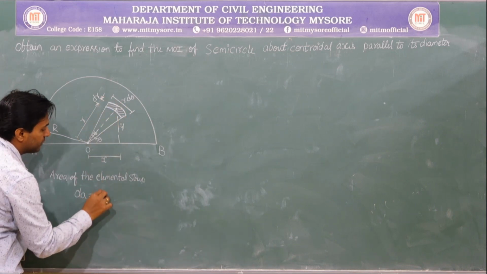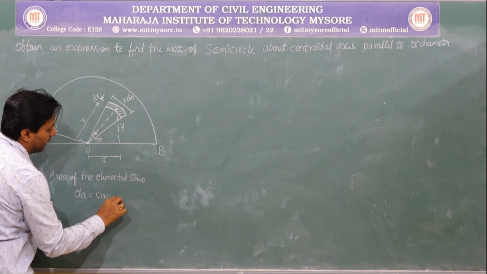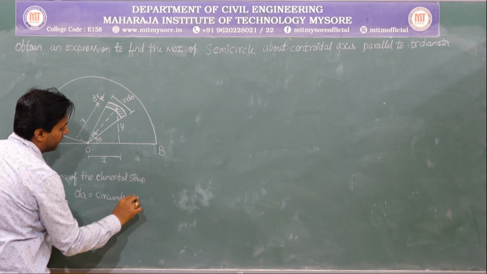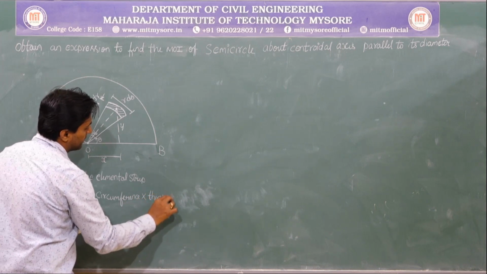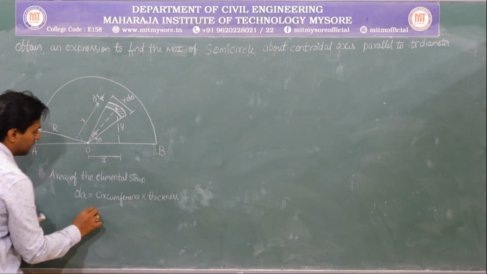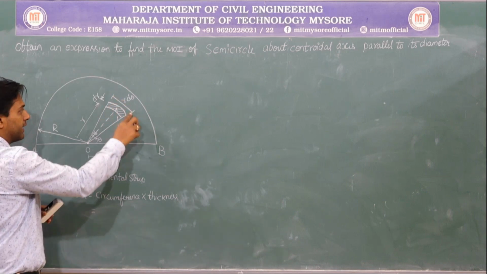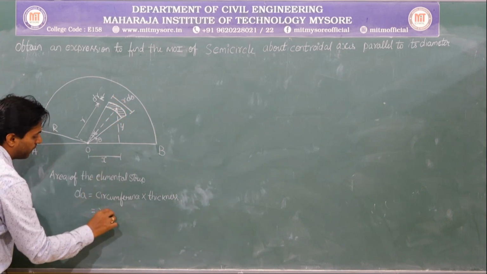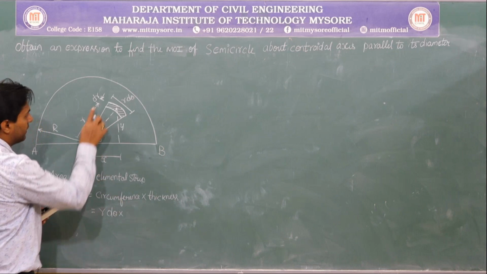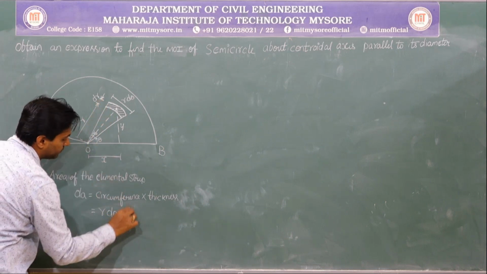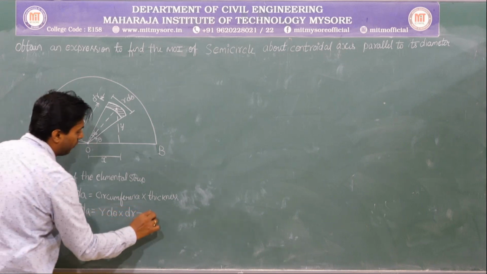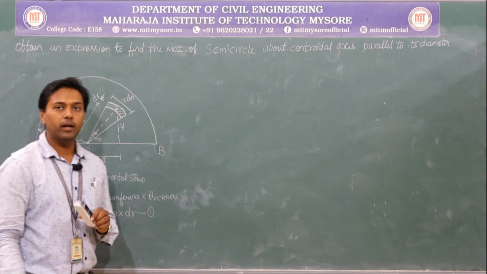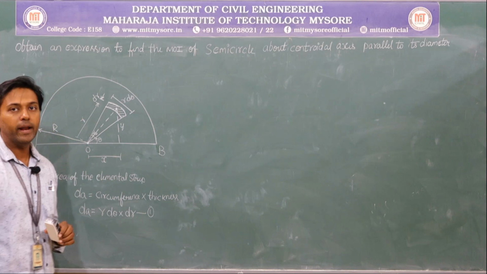So it is the circumference into thickness. What is the circumference? It is r into d theta. What is the thickness? It is dr. For time being, let me call this as equation 1.